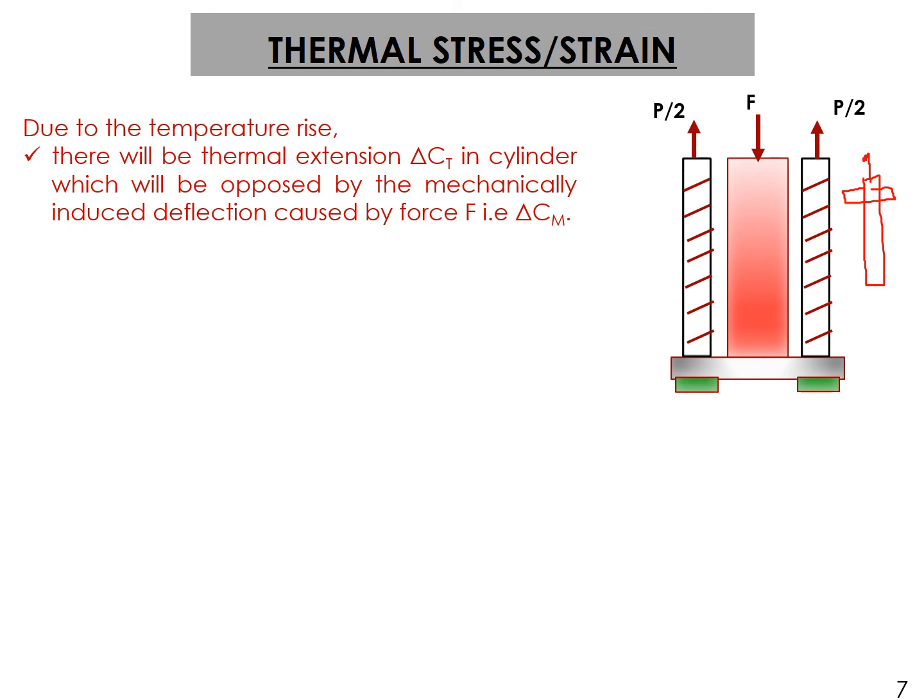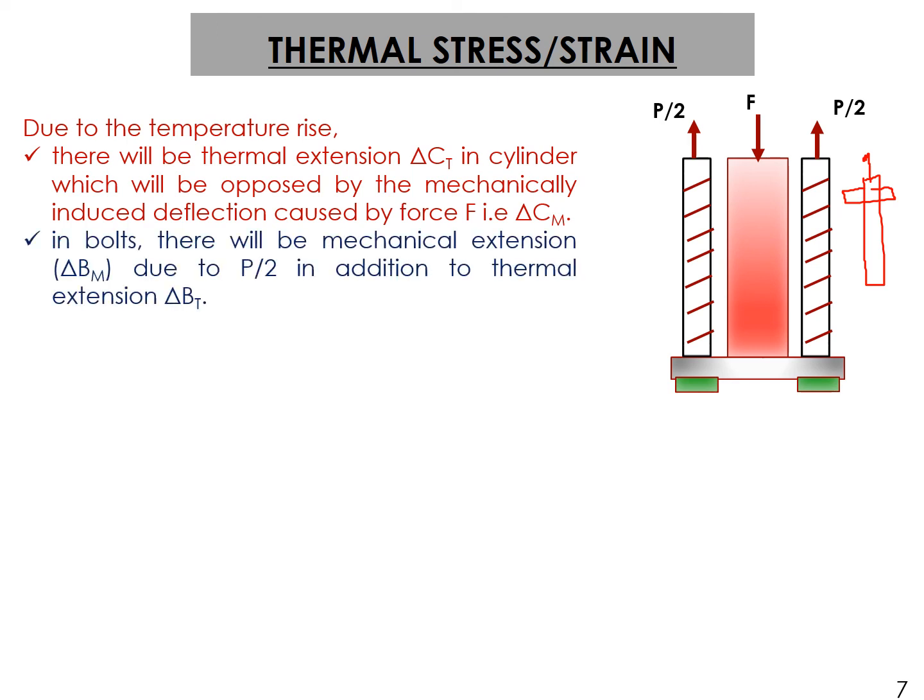So the net deflection in the cylinder will be because of delta Ct and delta Cm. What about the bolt? In the bolt there will be a mechanical extension, delta Bm, due to P by 2, in addition to thermal extension delta Bt.